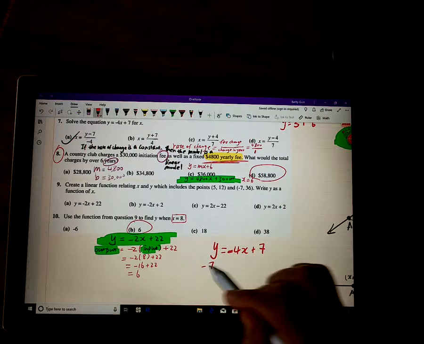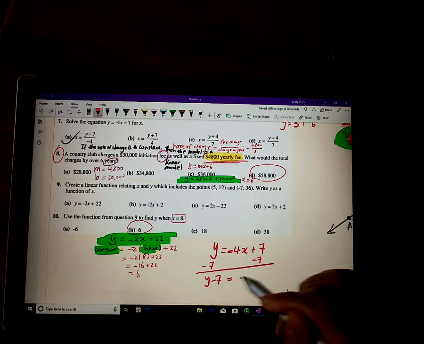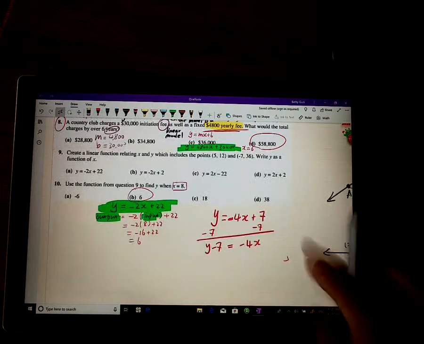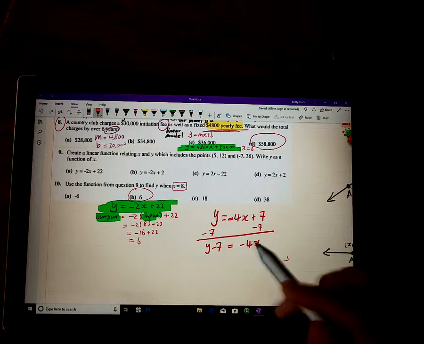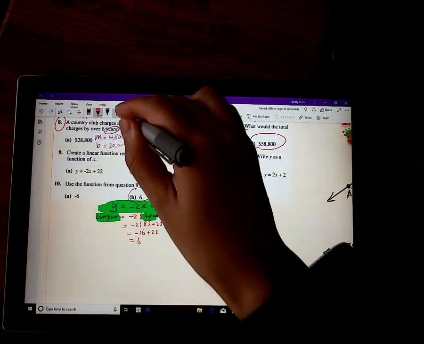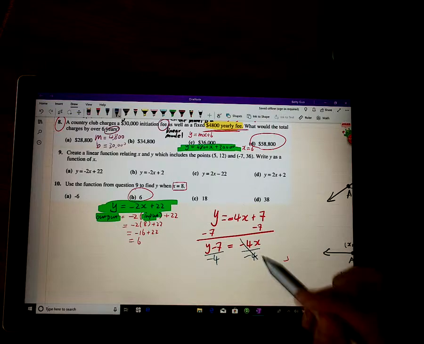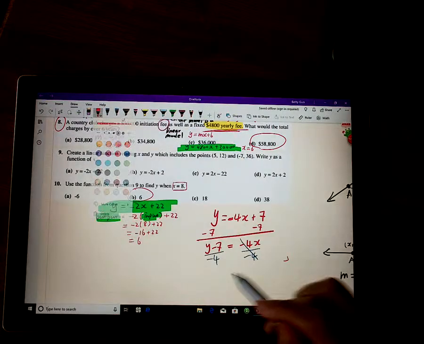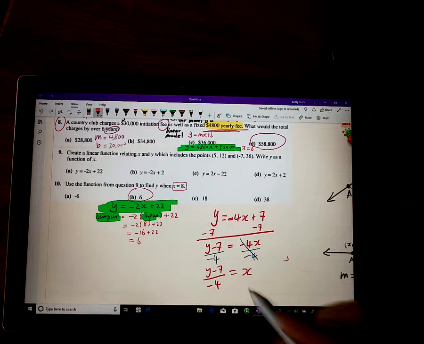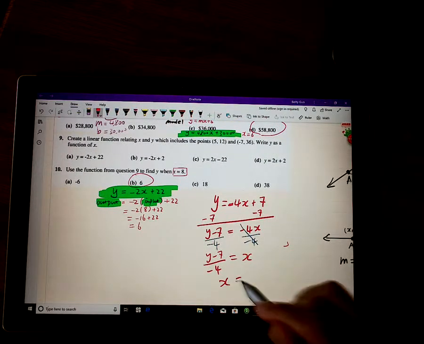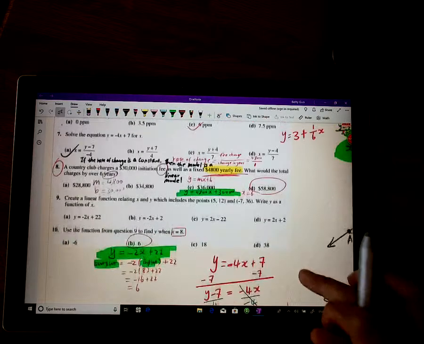We first subtract 7 from both sides. And we have y minus 7 equals -4x, right? We get rid of the 7. Now we need to get rid of the -4. We divide both sides by -4. -4 cancels -4. So we have (y minus 7) over -4 equals x. If we switch the two sides, we would have x equals (y minus 7) over -4. Which one?